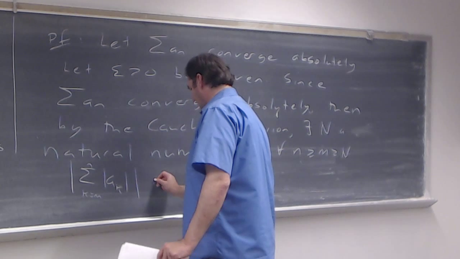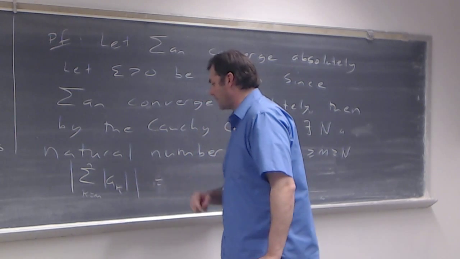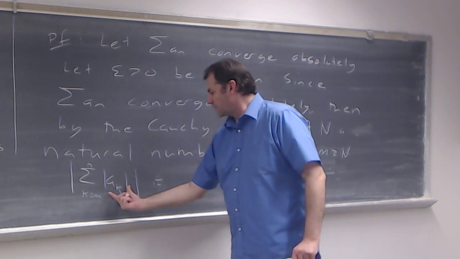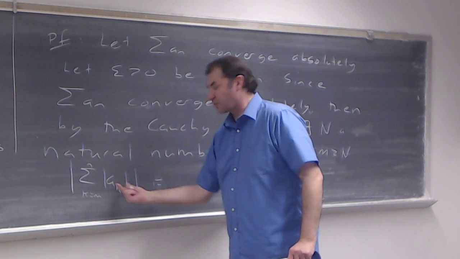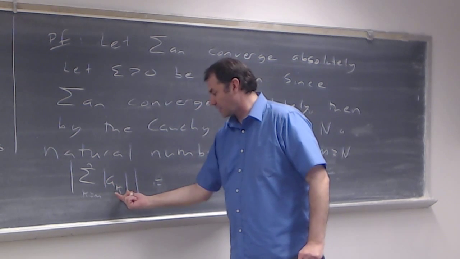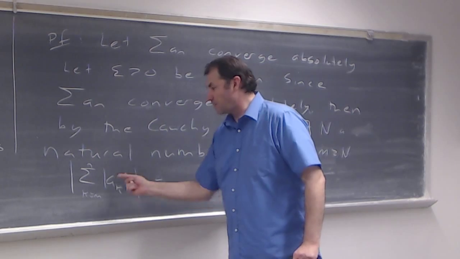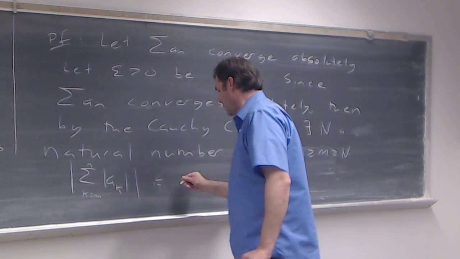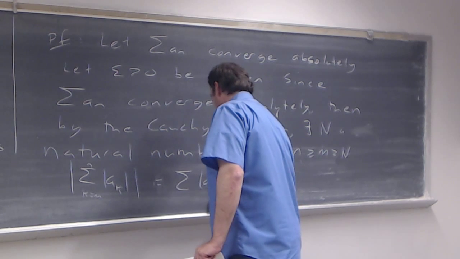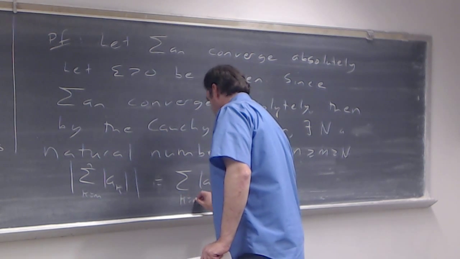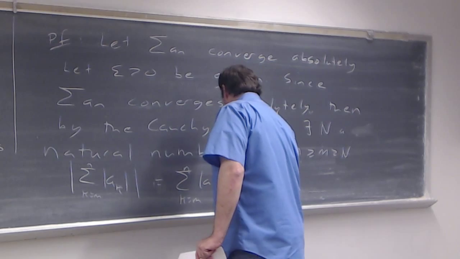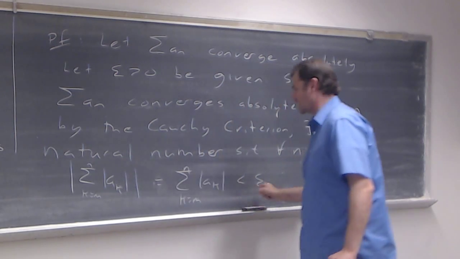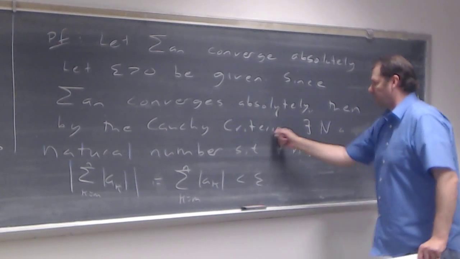Let me translate this. Look, these are the absolute values of a sub k, so they are non-negative numbers. When you sum them up, you get a non-negative number, and when you take the absolute value of that, you get the same number. So those two things are the same, and this thing is less than epsilon by the Cauchy criterion.